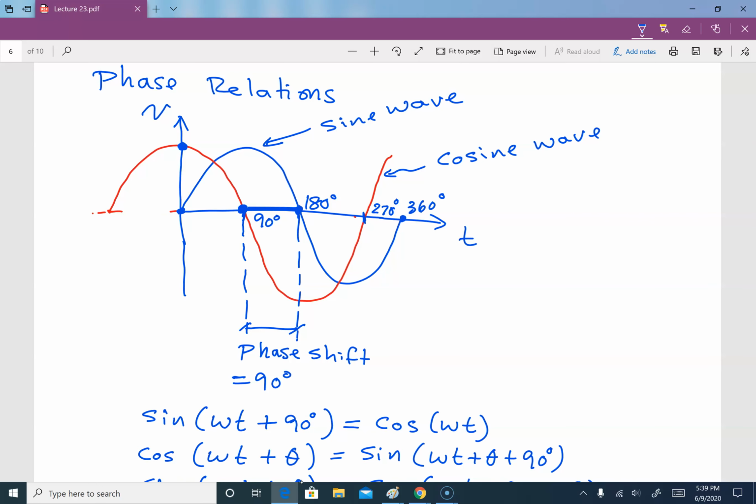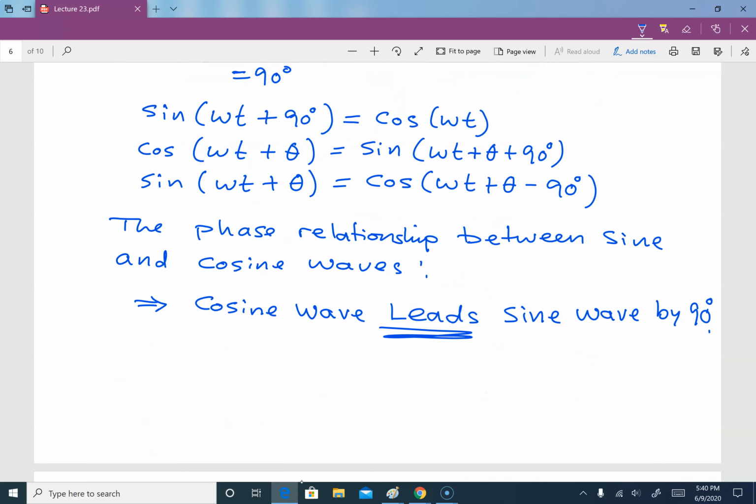Because the x-axis can be degrees, or it can be time in seconds. Okay, so the cosine reaches its peak before the sine, then we will say the cosine wave is ahead of the sine wave, which means that it leads the sine wave, and the phase shift between them is 90 degrees. That's why we said the cosine wave leads the sine wave by 90 degrees.